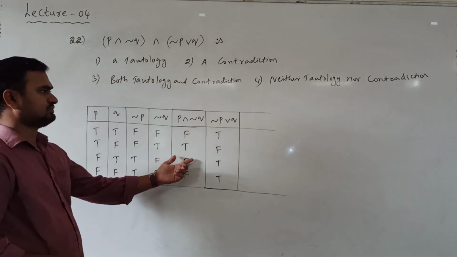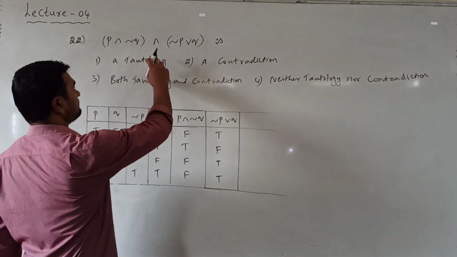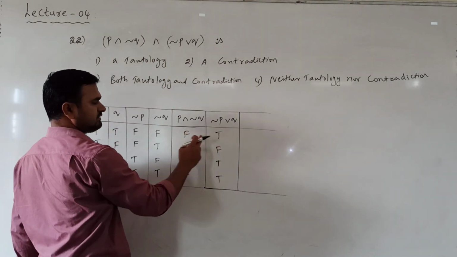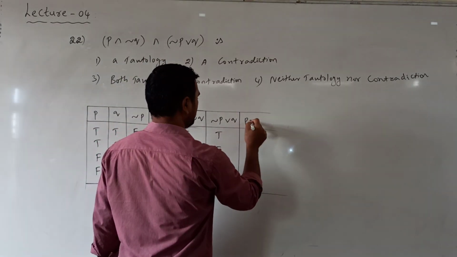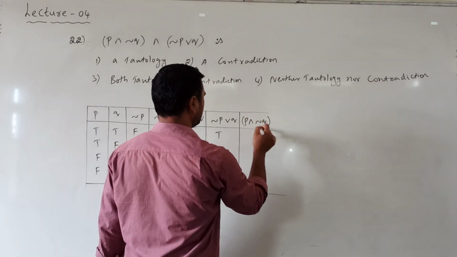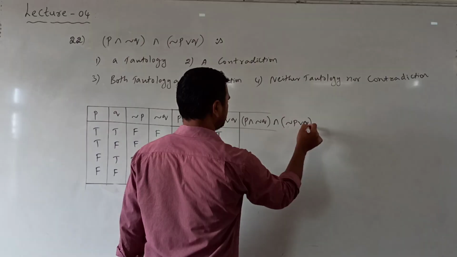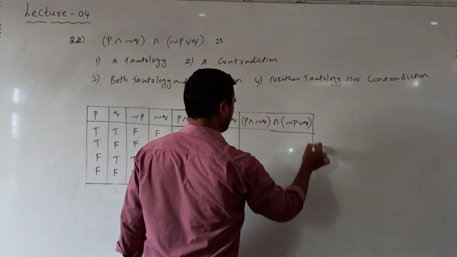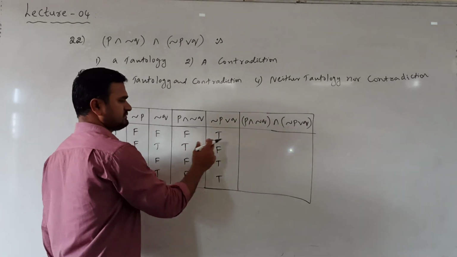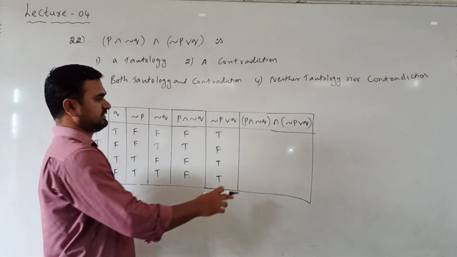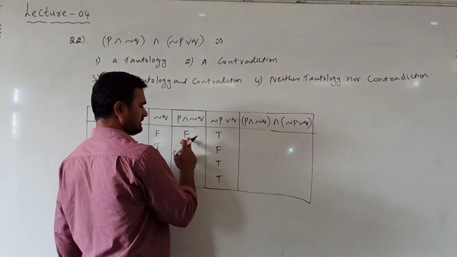Now, after finding these two, we take the AND operation for them: P and negation Q, and negation P or Q. AND is true when both are true.